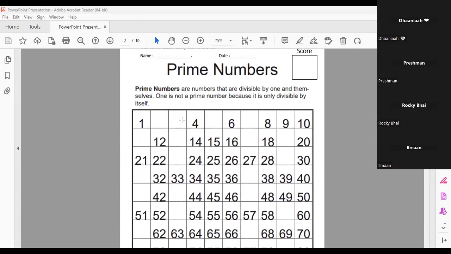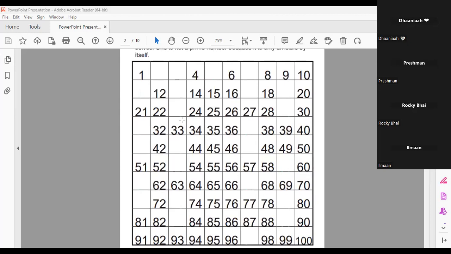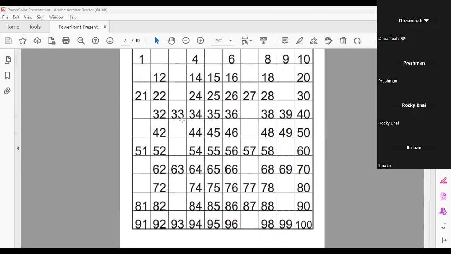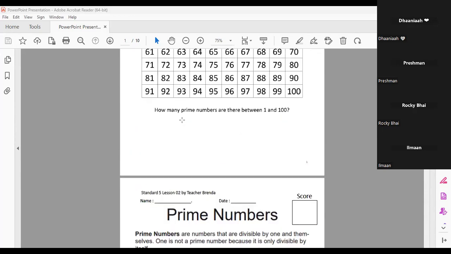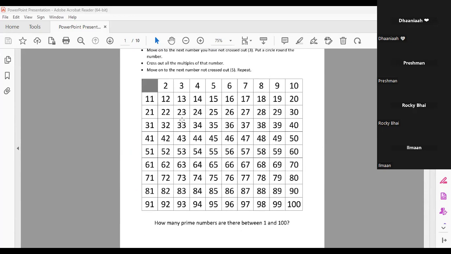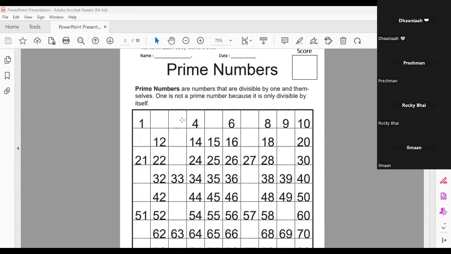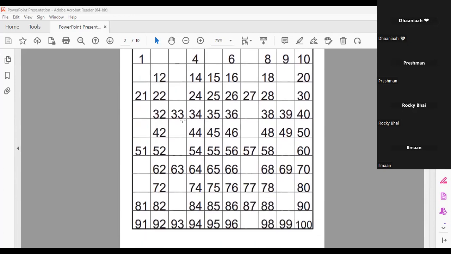Okay, good. So now over here, you fill in the blanks. All the blanks that you're filling up are actually primes. Page 2 is just a continuation of page 1. The numbers you circled on page 1 are the numbers you're going to fill up on page 2.